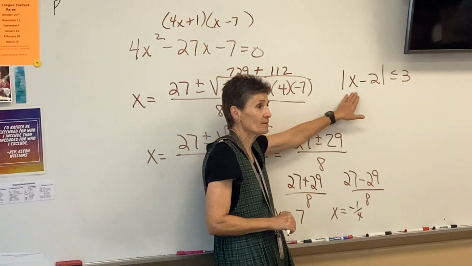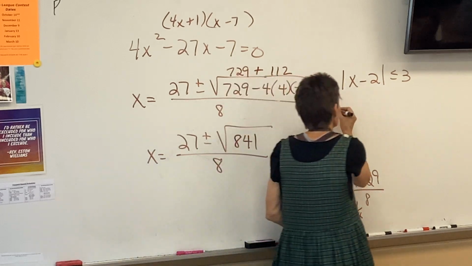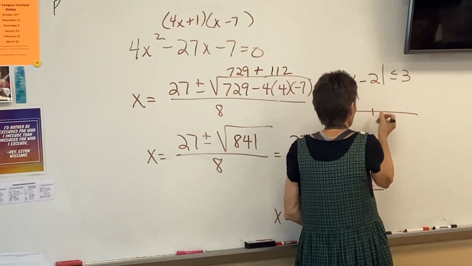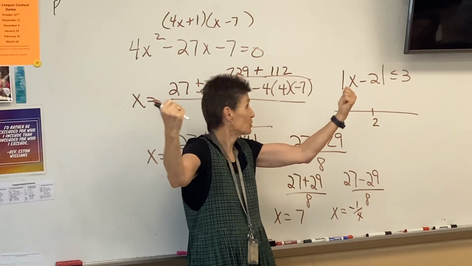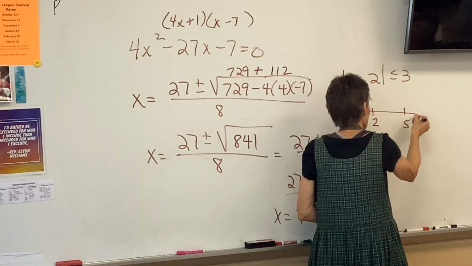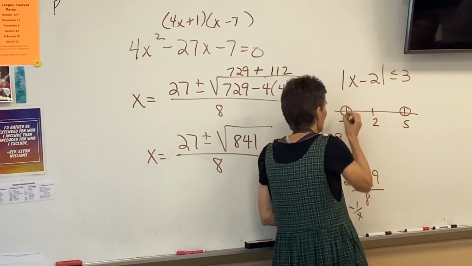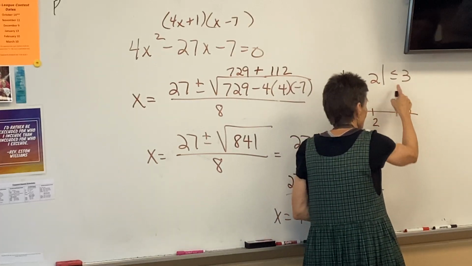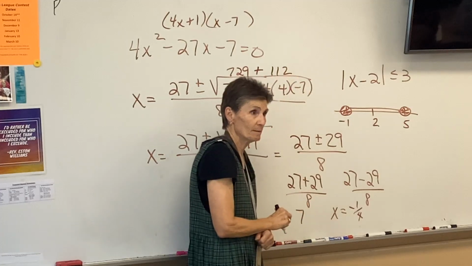All right, how do I solve this one? Make a number line, and right in the middle of the number line, I'm gonna put a 2, and I'm gonna count each way 3. So 2 plus 3, 2 minus 3. Those will be closed dots, and less than means shade in the middle.